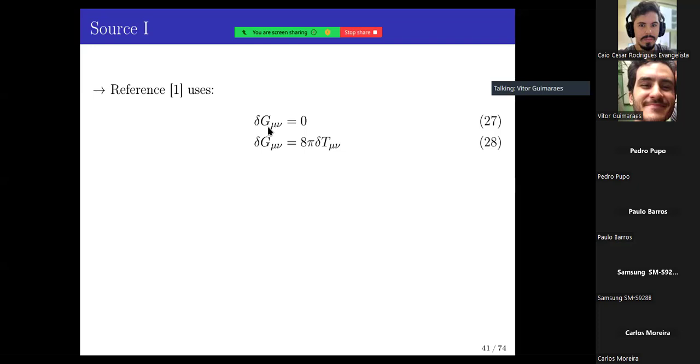There's a bridge between them. So the results will be completely analogous, but the paths are different. So be careful with this.